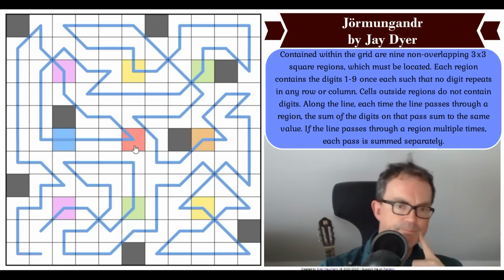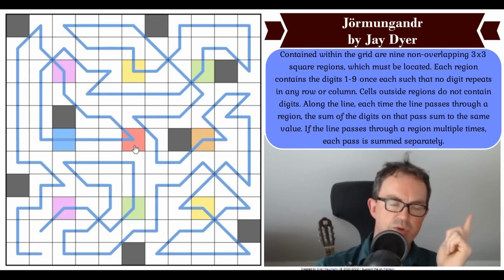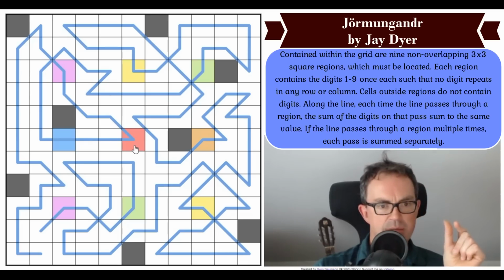But how does that help us to pinpoint the positions of the regions? What we cannot have is a situation where the line takes six continuous cells in a 3x3, and that might allow us to limit where the boxes can go.